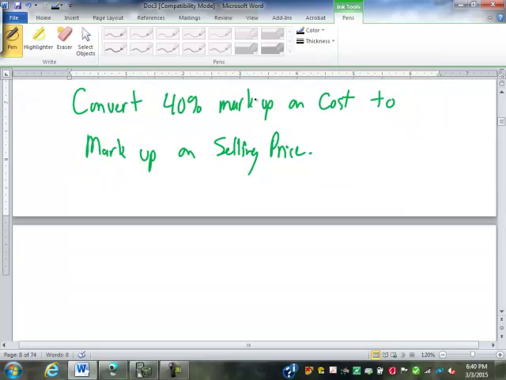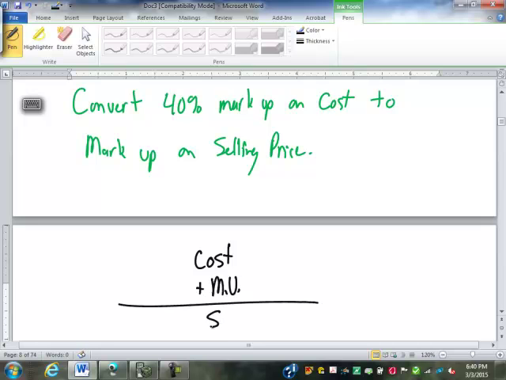We are still going to use the same table. Cost plus markup equals selling price, with one small modification. We don't have any dollar amounts here. We don't care about the dollar amounts.